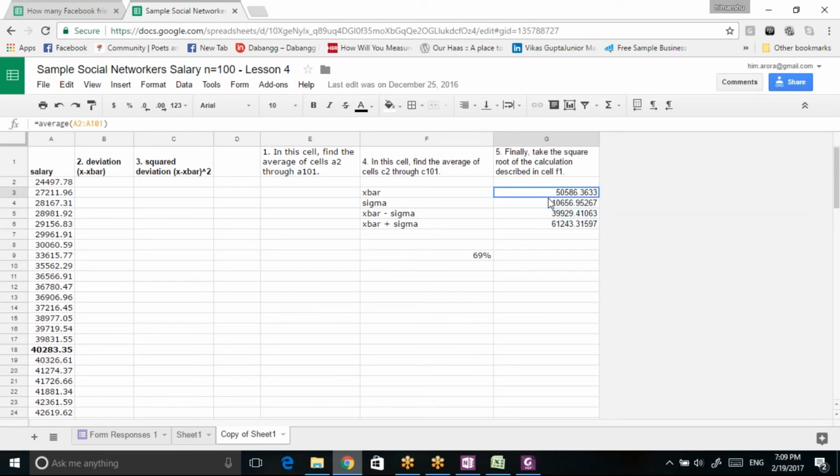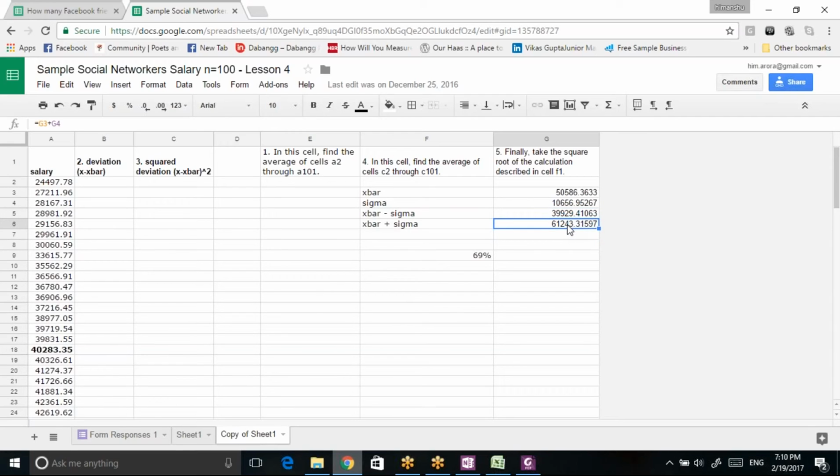Then I calculated X bar minus sigma and X bar plus sigma: 50,000 minus 10,000 is 40,000, and 50 plus 10 is 60,000. Now you have to count how many values are between these two values.